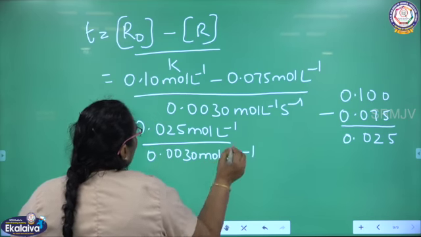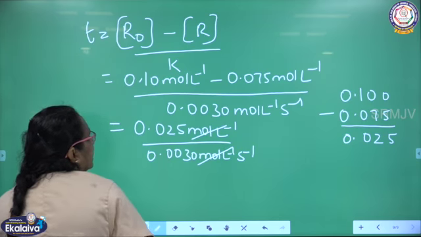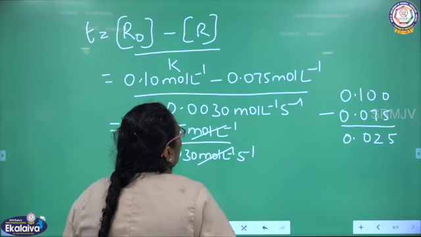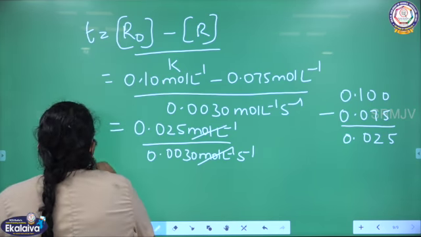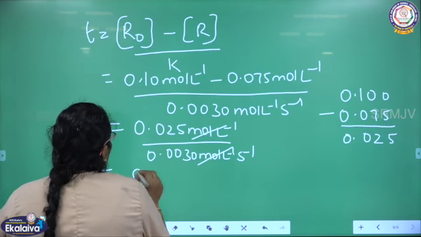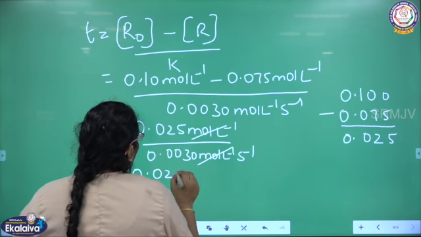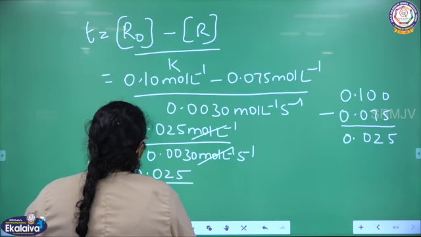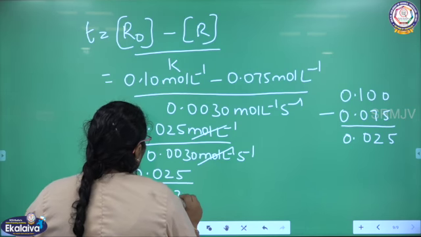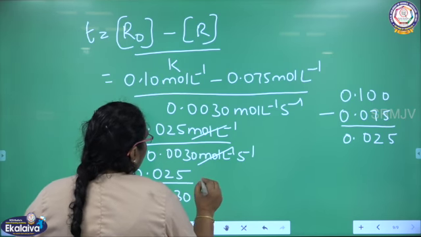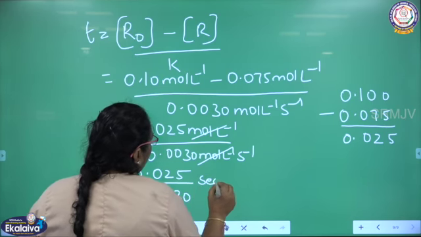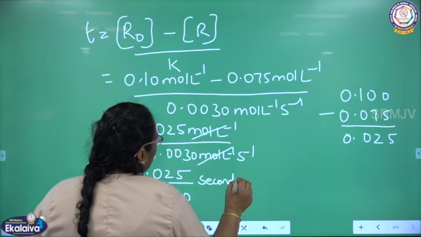So what is happening here? Mole per liter will be cancelled. The second inverse, when it is taken to the numerator, becomes second. Therefore, T is equal to 0.025 divided by 0.0030 into seconds. When the second inverse goes upwards, it is converted into seconds.